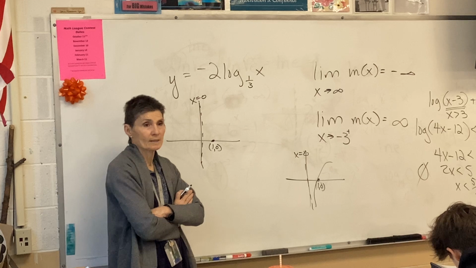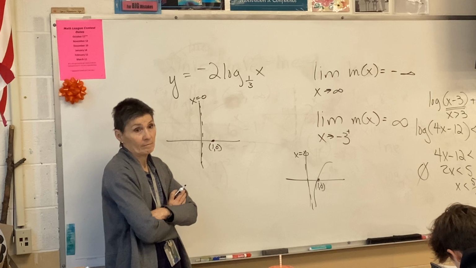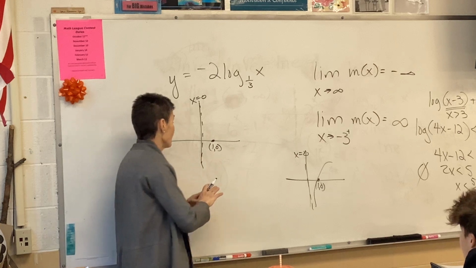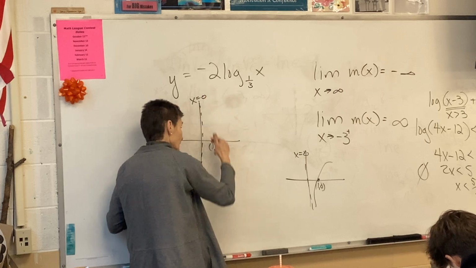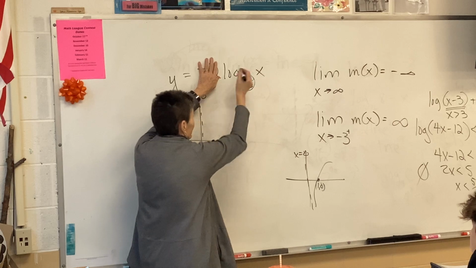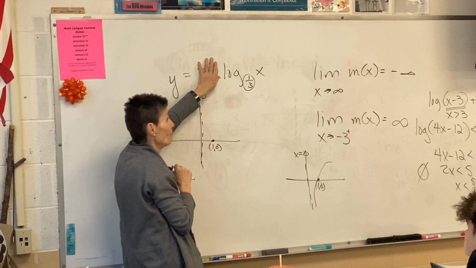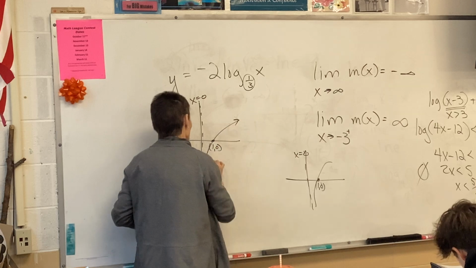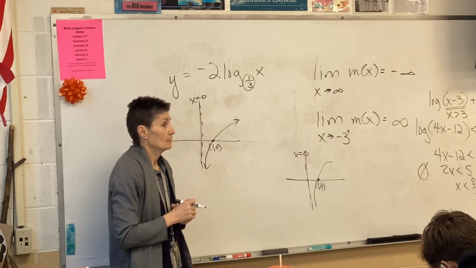There's no horizontal translation. So would you agree my asymptote's at 0 and my intercept's at 1? Just like normal. Now the question becomes, I have 2 options. I'm either going to graph it like a normal logarithm, or like one I just graphed, an upside down logarithm. Now what does that do right there? What does that guy right there do? He turns it over, right? Turns it over. So this ends up looking like a regular, normal logarithm.